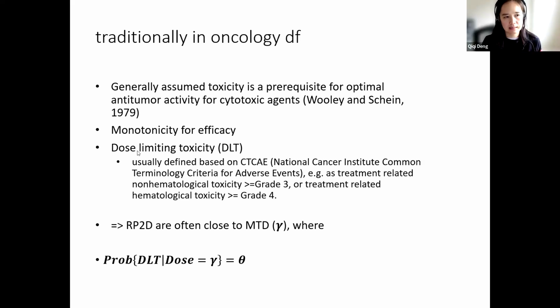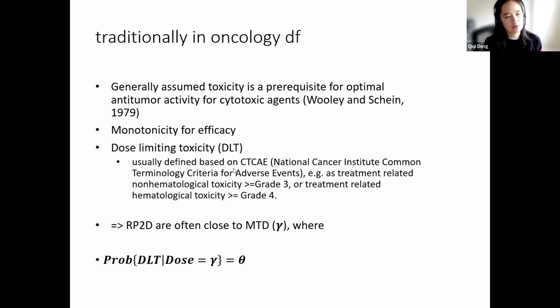So the study endpoint is usually based on dose-limiting toxicity, which are higher grade events, like grade 3 or grade 4 events. A typical rate we're targeting is to find a dose at which close to 20 to 30% of subjects will have those dose-limiting toxicities.